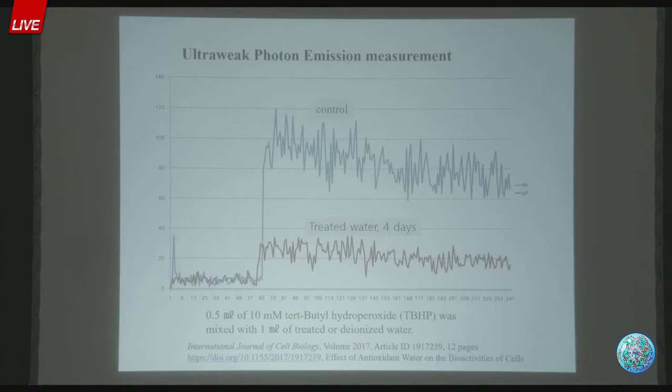So tert-butyl hydroperoxide is a well-known oxidizer, and it is widely used for free radical experiments. And when I applied this TBHP to the treated water, I found that the number of photon emissions really decreased. It means that the water has reductive power even in chemical reactions.